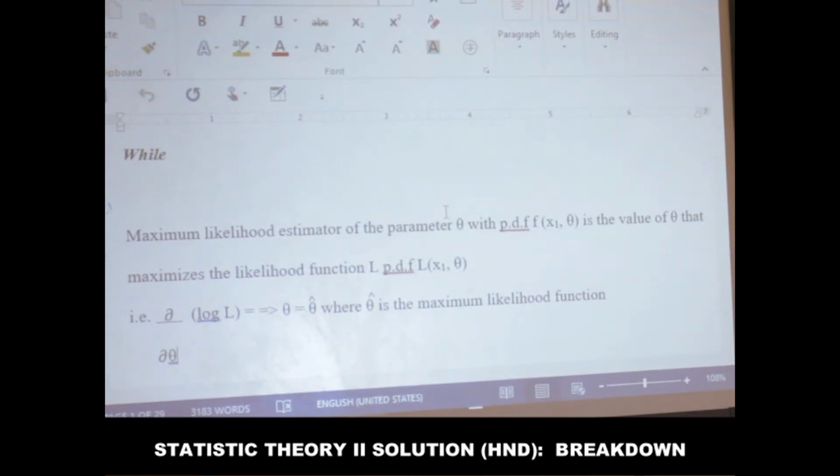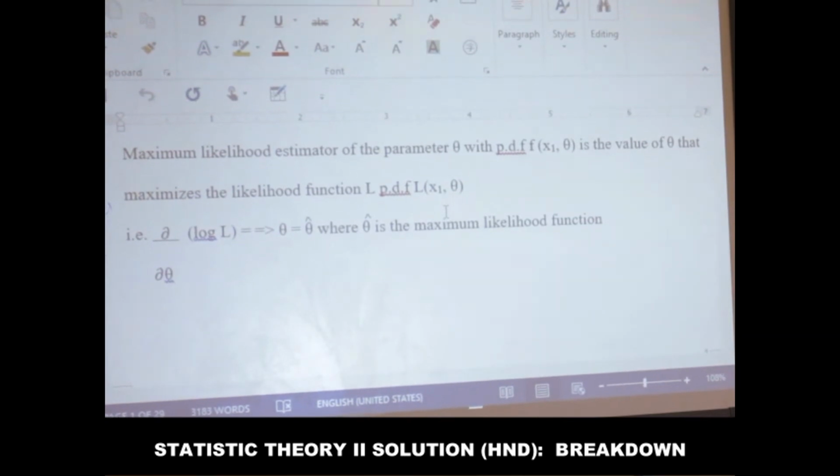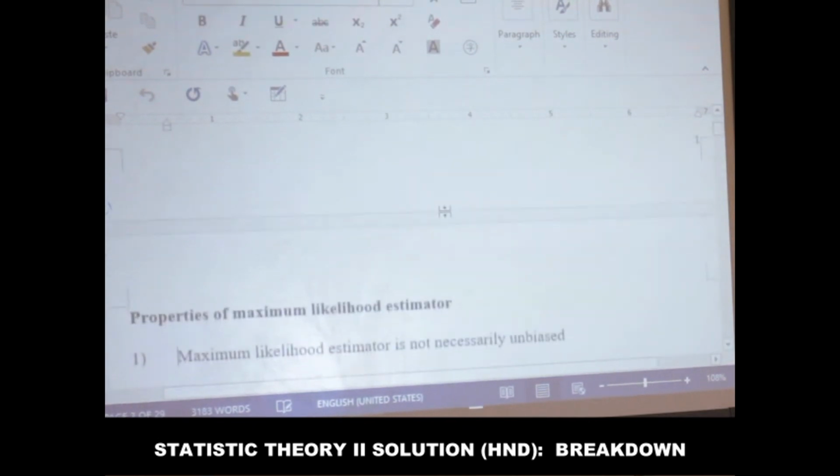Firstly, to get the maximum likelihood estimator, you have to get the likelihood function L. So it is this likelihood function L that you can use to proceed to get the maximum likelihood estimator. So we have a partial differentiation, partial derivative with respect to theta of log L, where theta is the maximum likelihood estimator.